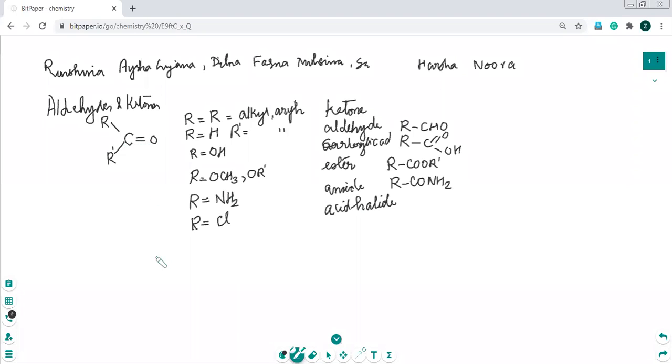Okay. Now, let us look at the individual compounds. We have simple molecules. The aldehyde which contains only one carbon, both R will be H. This is called formaldehyde, and the IUPAC name is methanal.